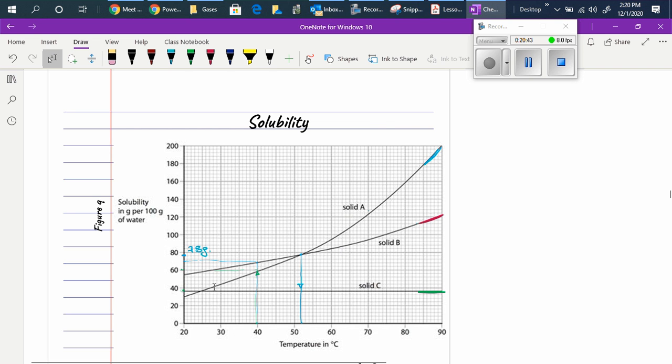This is all about reading the solubility graph and knowing the effect that temperature has on how much you can add into a certain amount of water.